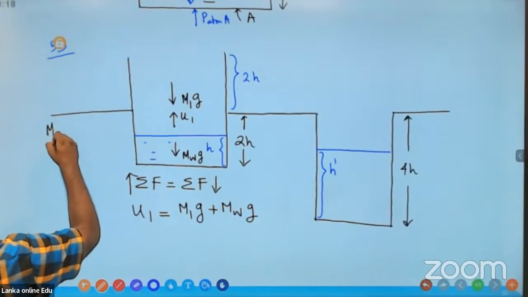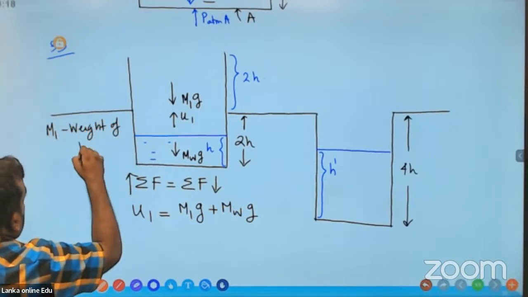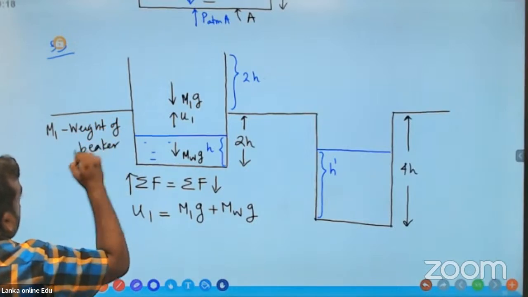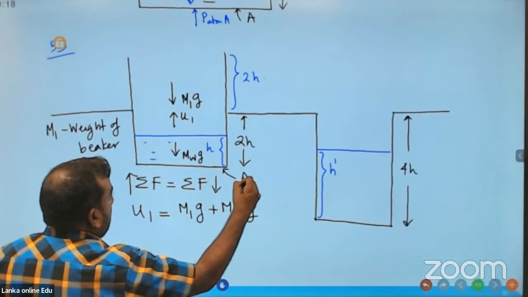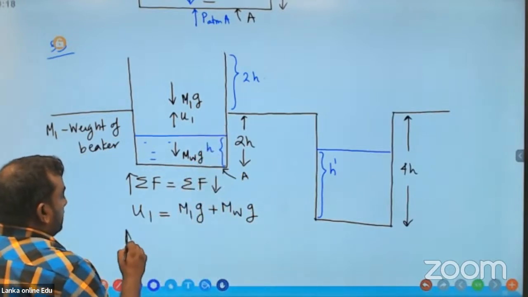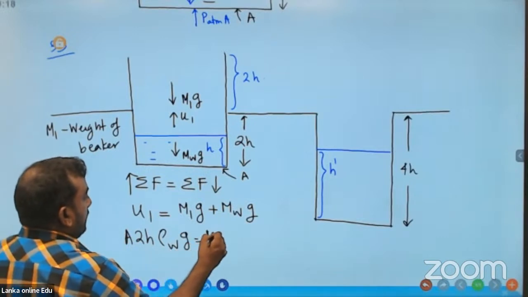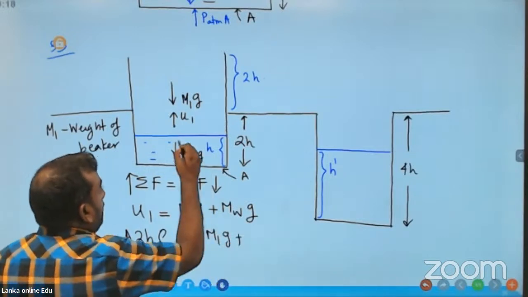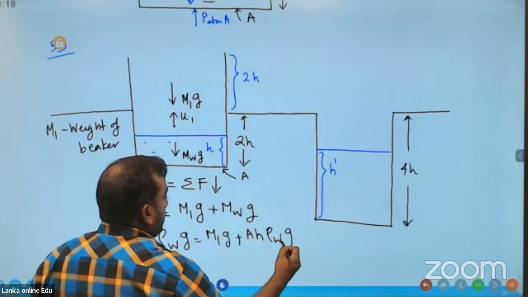I take M1 as weight of beaker. Upthrust is submerged volume. I take the area as A. Submerged volume is A times 2H, density of water into g. M1 g plus, what's the weight of water inside? A H rho_w g.